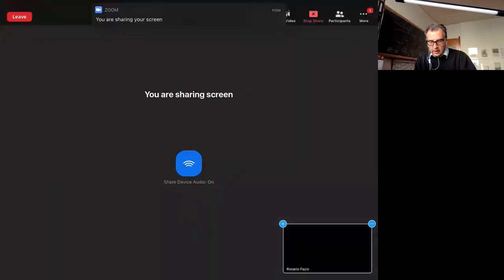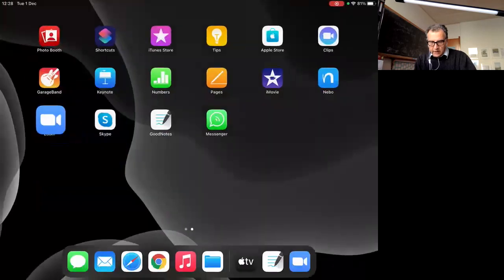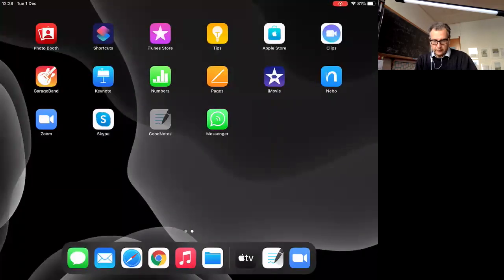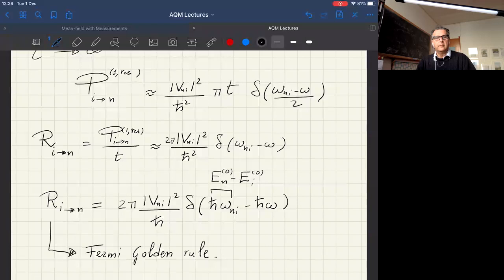Do you need my screen? Because the time is really long, in fact the delta function appears when you take very long times. So this delta function appears in the limit of time going to infinity.